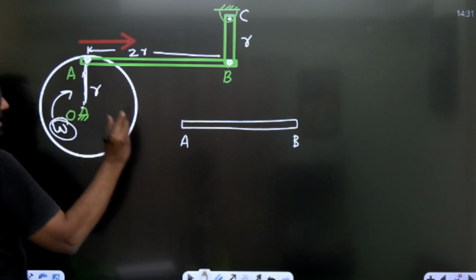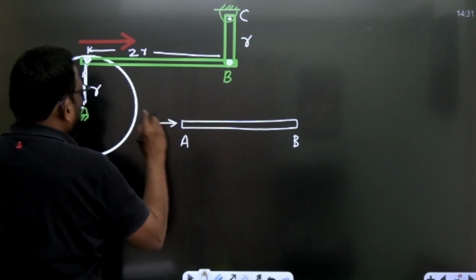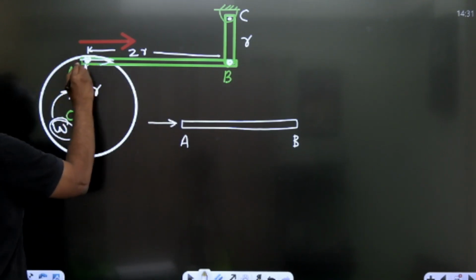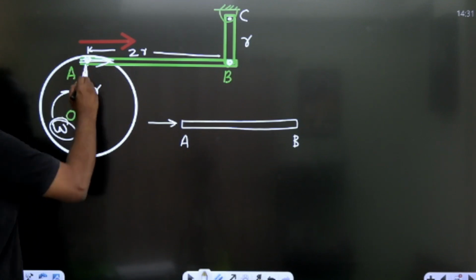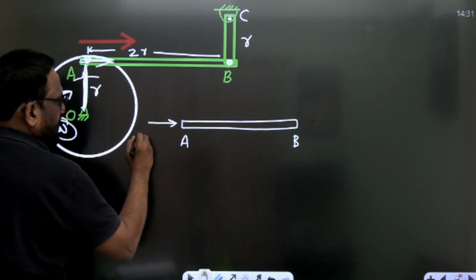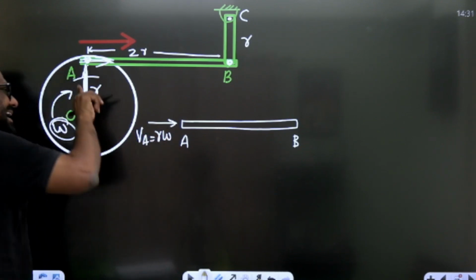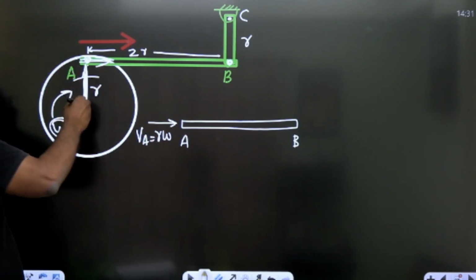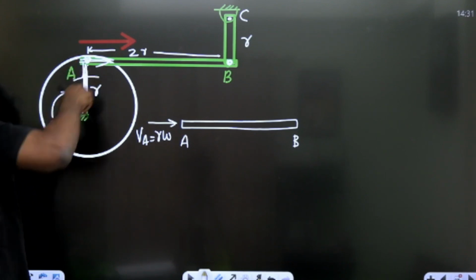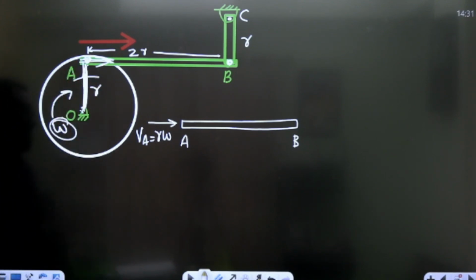It will be tangential, so velocity of A will be r omega, where omega is the angular velocity of this disk and r is the radius about this point it is rotating. Very good, sirs.